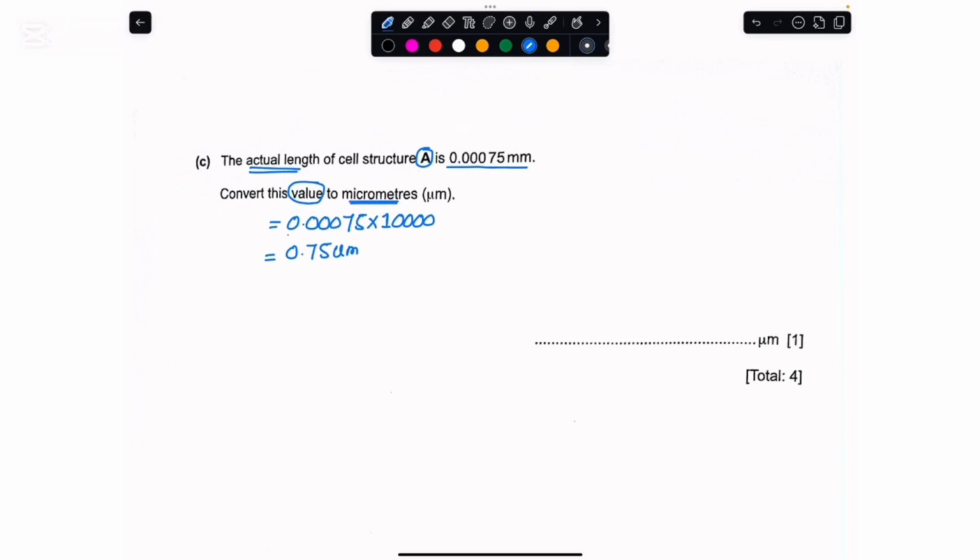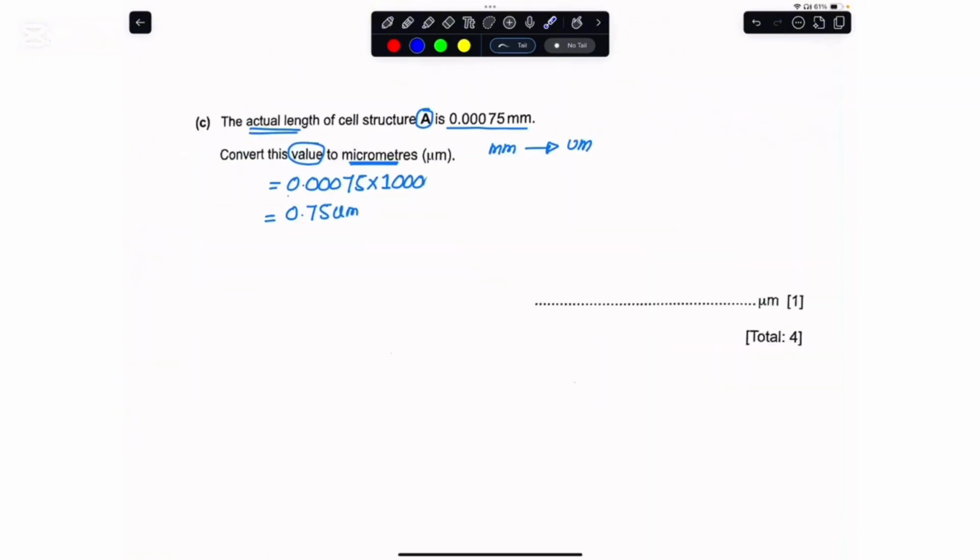And as I have mentioned above, when you want to convert the millimeter into the micrometer, you simply have to multiply the value which the examiner has given you by 1000. So if I have got this value and I multiply it with 1000, then I would get the value in the micrometer.